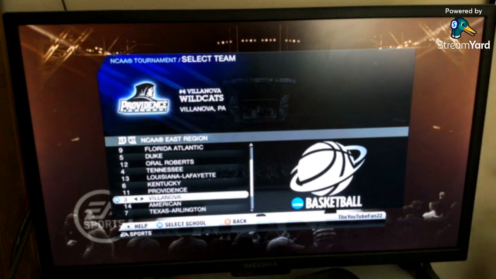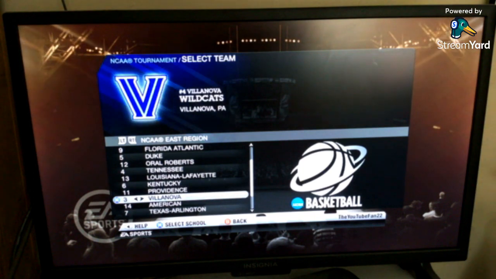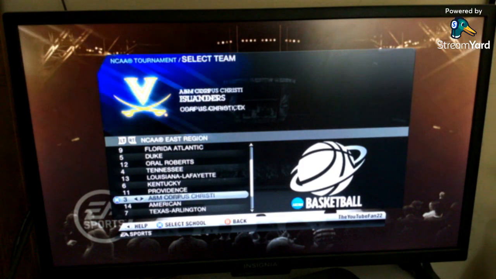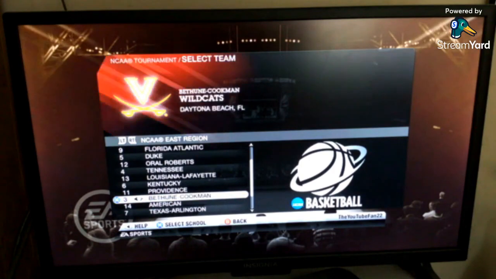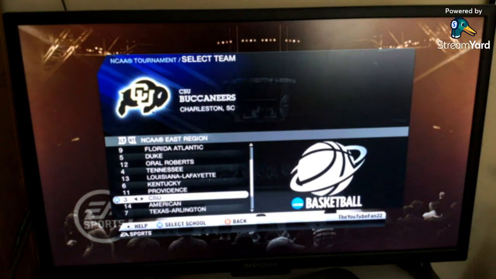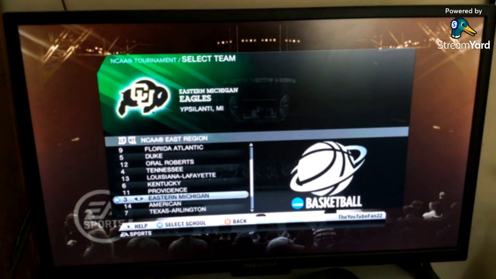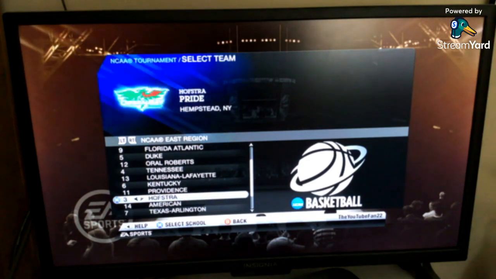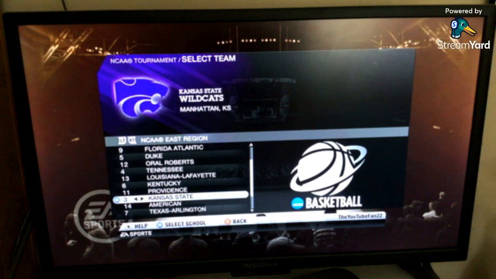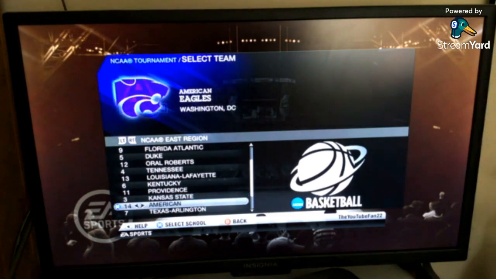At number 3, Kansas State. At number 14, Montana State.